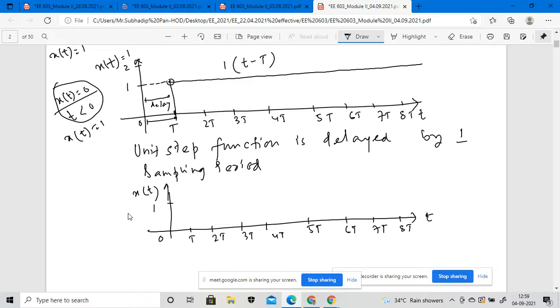If the unit step function starts from there, then it should be considered as a function of t minus 40. As it starts from this particular time interval, the delay is this part.